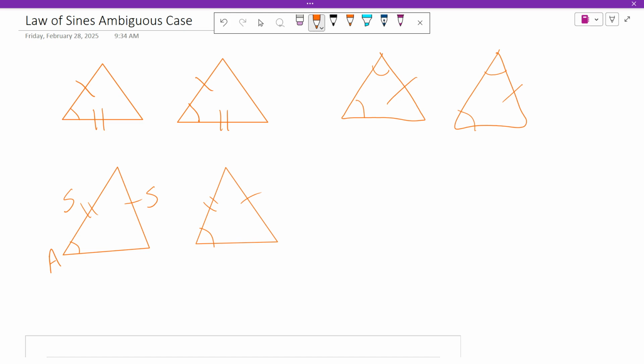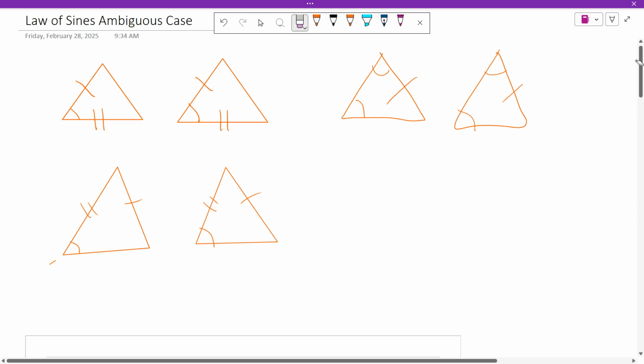You guys remember that from geometry back then? You don't ever say angle side side. You donkey, you. We could use side side angle, because when you have side side angle, this is what happens.